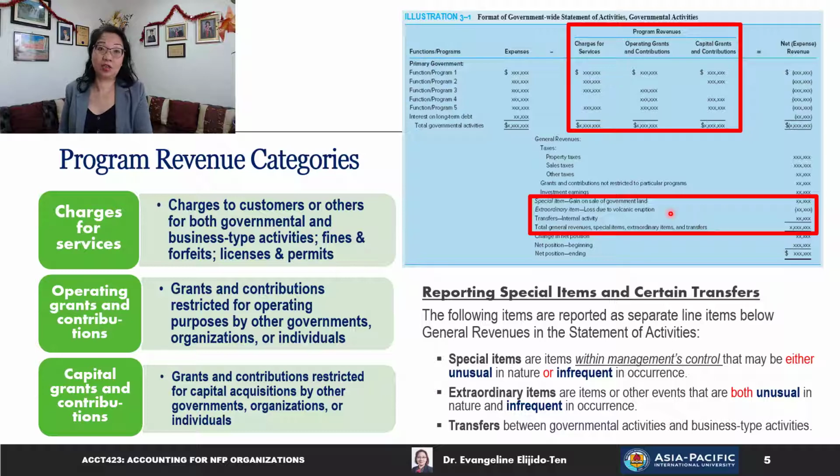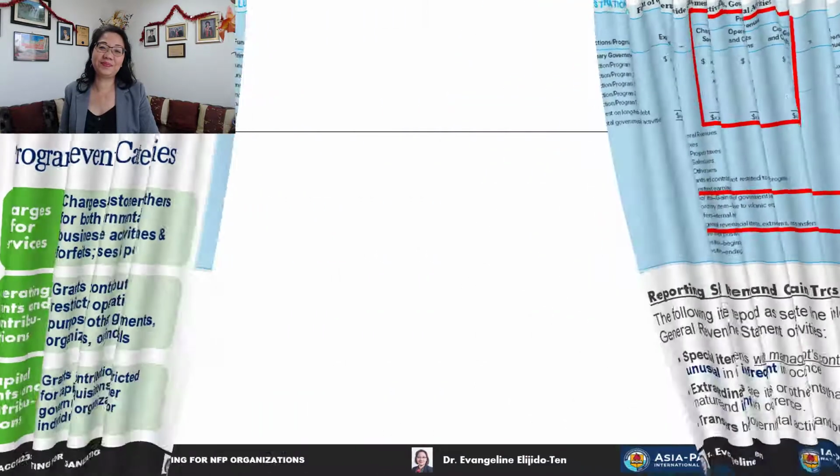They can't actually decide when the volcano will erupt. Another item here is the transfers. Transfers are internal activity. So transfers between governmental activities and business type activities are also shown at the bottom of the statement of activities.